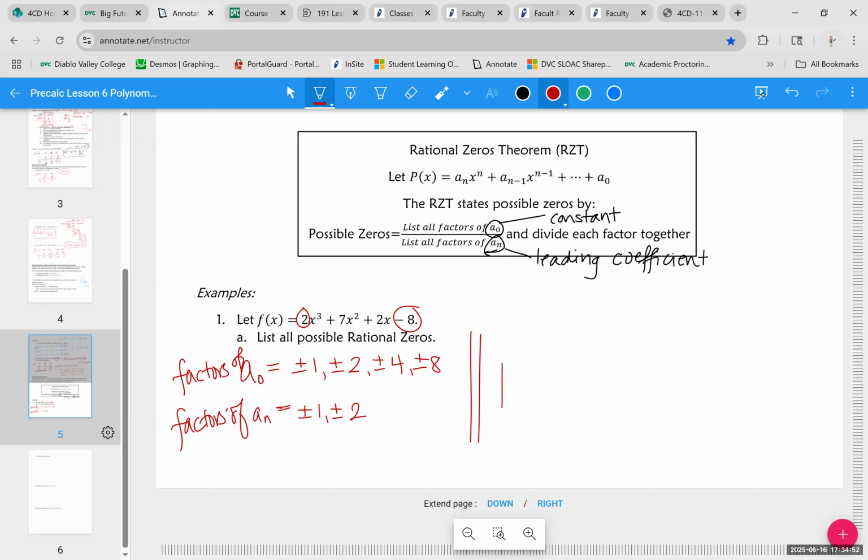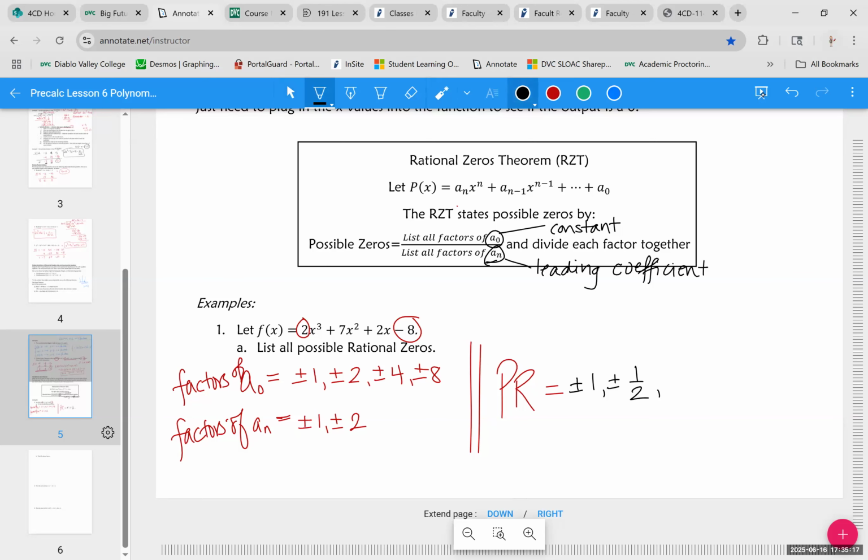So for my possible roots, I need to take every number from this list and put it over every number from this list. So I would have 1 over 1, which is 1. I'd have 1 over 2, which is 1/2. Then I'm going to go to the next one. I'd have 2 over 1, which is 2.